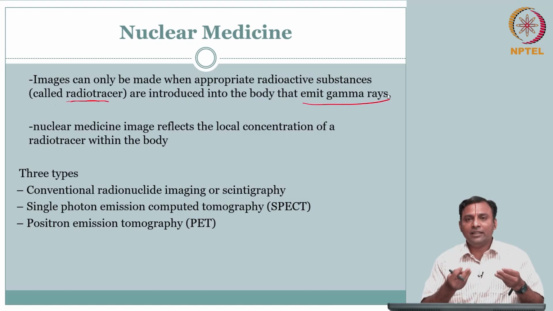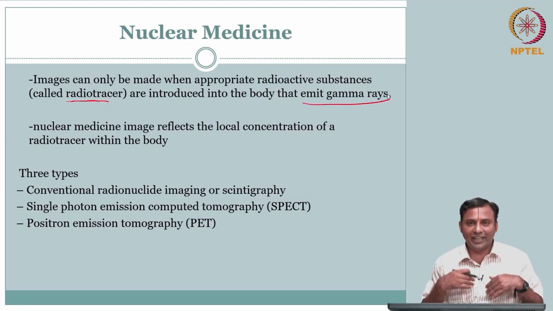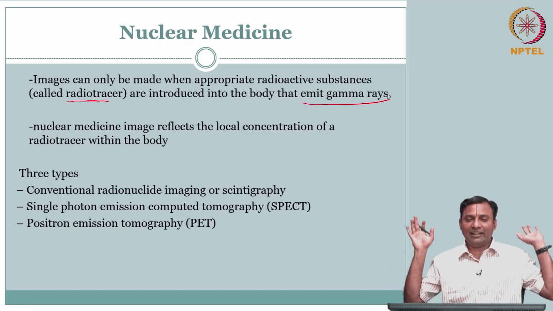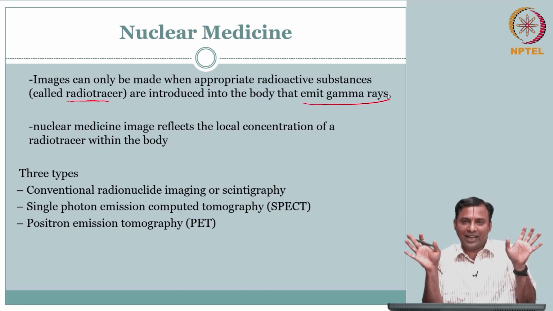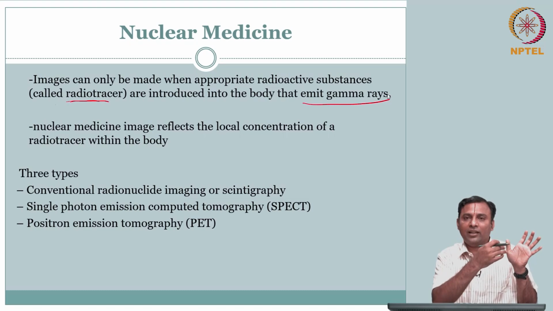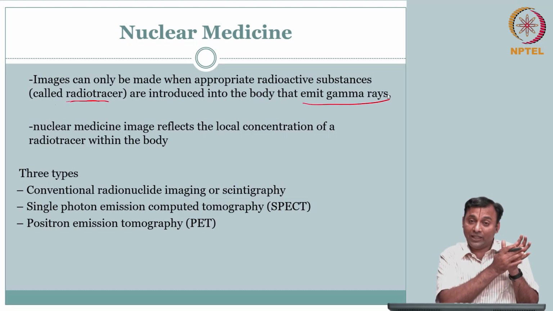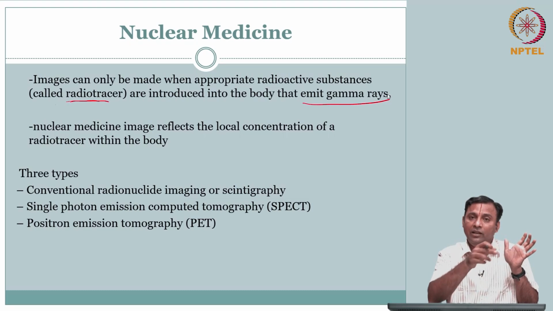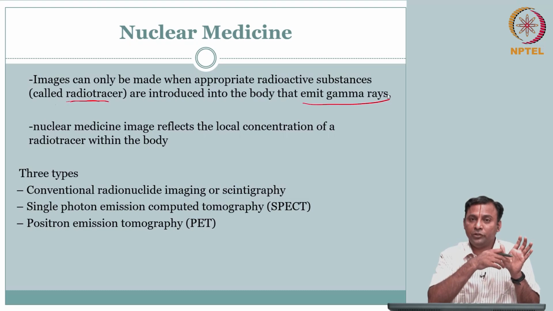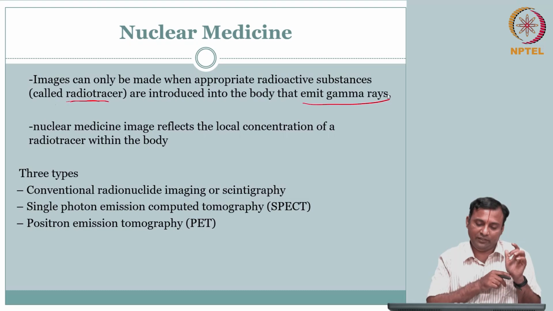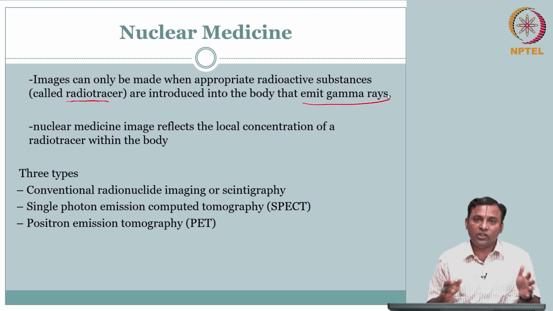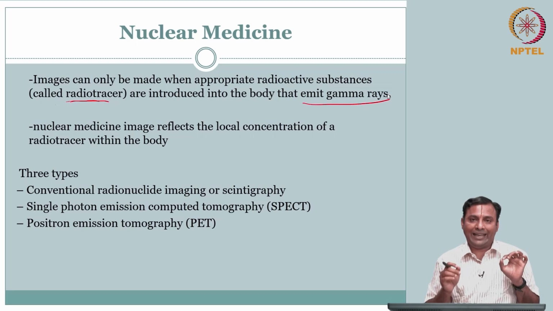So essentially you are sending the signal source inside your body, you have a detector that is surrounding, and you catch the signal or the radioactivity that is coming out. So if you can catch that, and then you do the tomographic calculation and you say, oh, I got so much activity and it came from this particular location, right? So your image is going to tell me which location is how active.